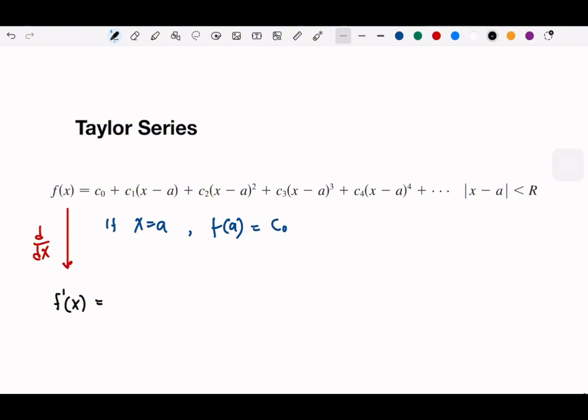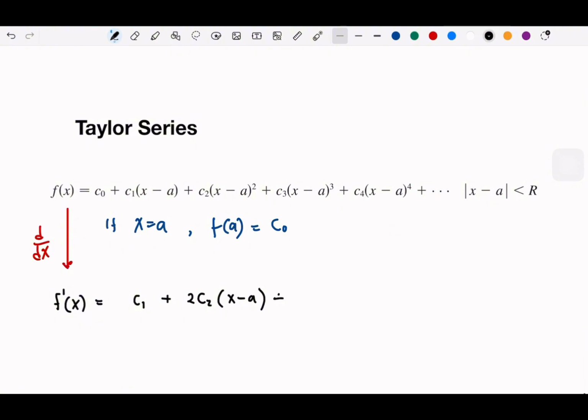Okay. The first coefficient will be gone because it's a constant. The second term is linear and then becomes a constant, so C1. So let me write it here: C1 plus, now we have C2, so this will be 2C2 times (x minus a), and it becomes linear.